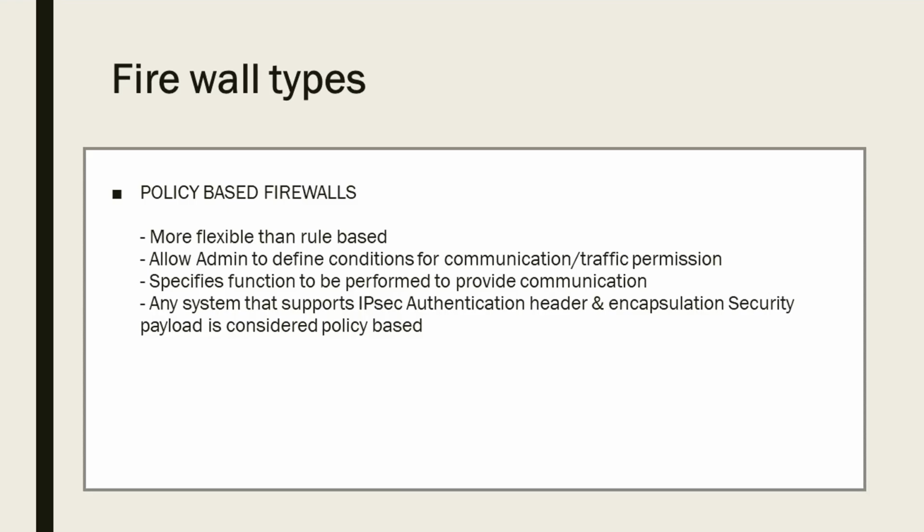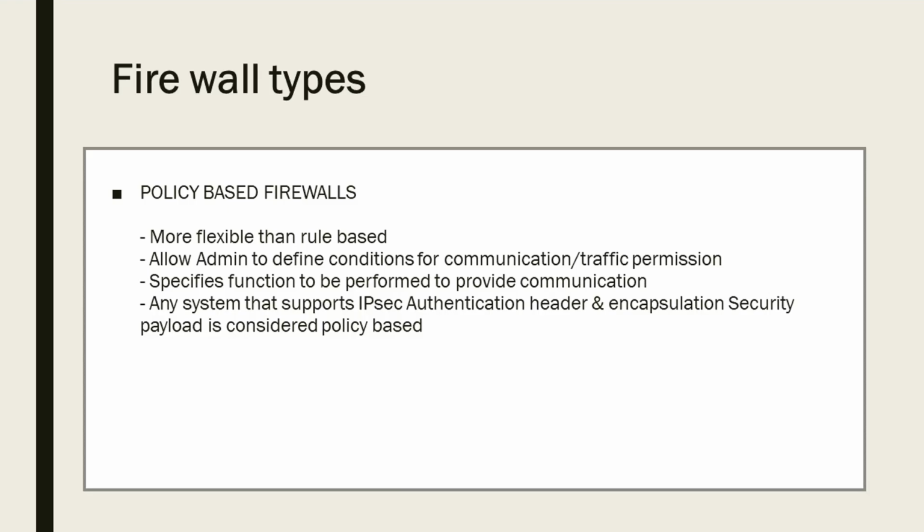So you can set a policy that in your organization you don't look at Facebook, for instance, or certain websites. You can set it as a policy, and then the firewalls will implement the policies. One uniqueness about this is that any system that supports the IP security authentication headers or encapsulation security payload is considered a policy-based system.